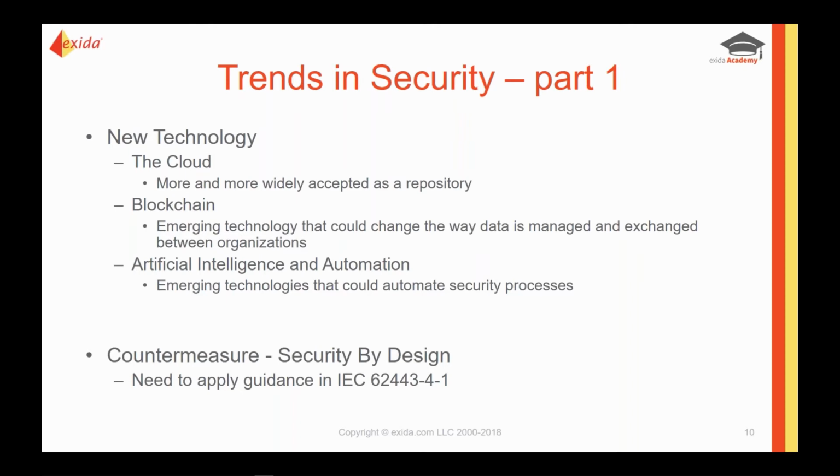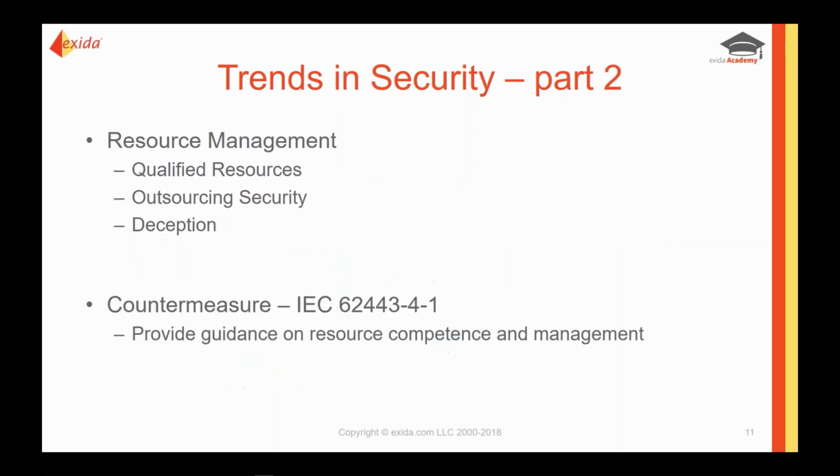And for all these areas, looking at the 4-1 standard and understanding the practices within that standard provides tremendous guidance in dealing with and developing that strong security mindset as you are developing these products or are involved with these technologies. Resource management is another key problem.